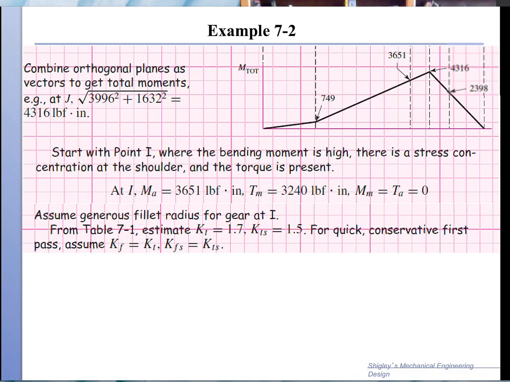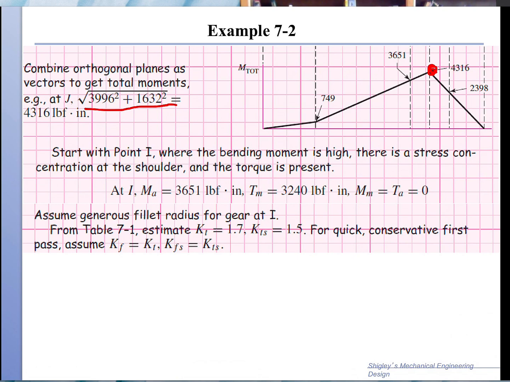some critical points. So if you look at point J, the value is the square root of 3996 squared and 1632 squared, and the result gives us the highest bending moment in the shaft at that point.